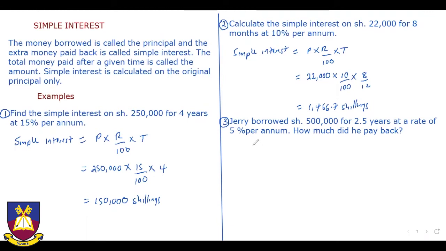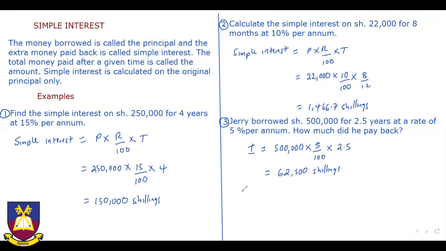We know that interest is equal to principal, which is 500,000, I'll not indicate the formula this time, times the rate. The rate is 5 out of 100 times the time, 2.5. This one gives us interest of 62,500 shillings.